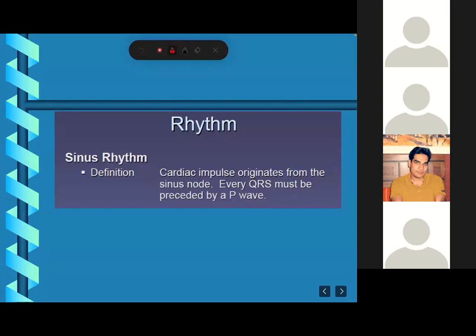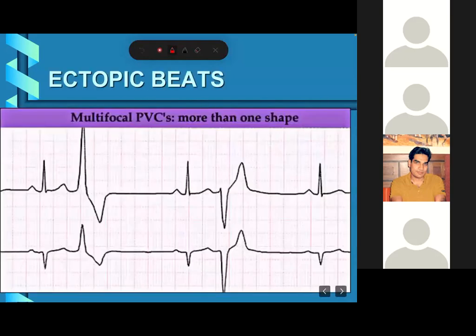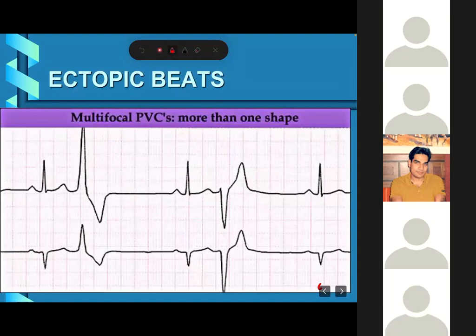Next comes the rhythm. There are some topics we normally come across with the ECG: multifocal or unifocal. If it is unifocal, then the same type of PVCs are present.